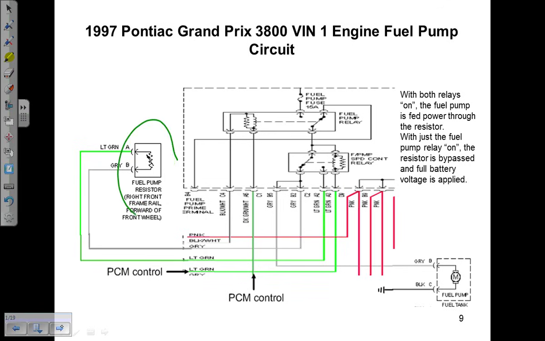If you look at this, there is a fuel pump resistor, two-speed pump. The pump's right here. I kind of pieced this picture together. It's kind of tough to pick it out, but you can see on these systems that they're using two relays, again, just like on the last picture.